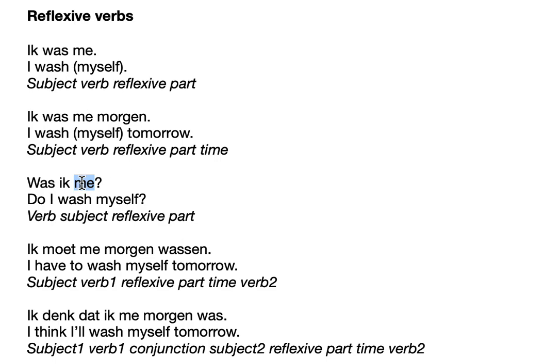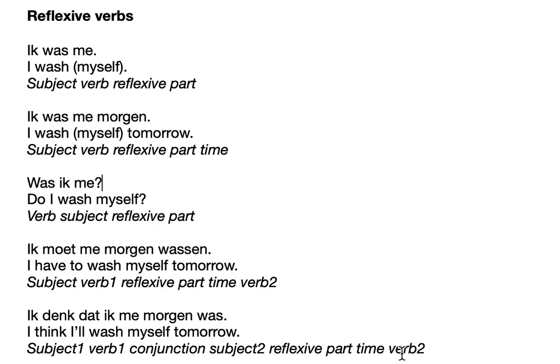So you have to put the me at the end. Do I wash myself? So verb, subject, reflexive part. And with a second verb, ik moet me morgen wassen. Then again you put the me just behind the conjugated verb. I have to wash myself tomorrow. But again, this to wash, second part of the verb, verb 2, you put it at the end.